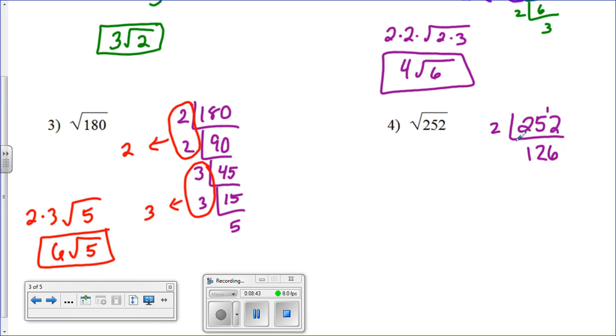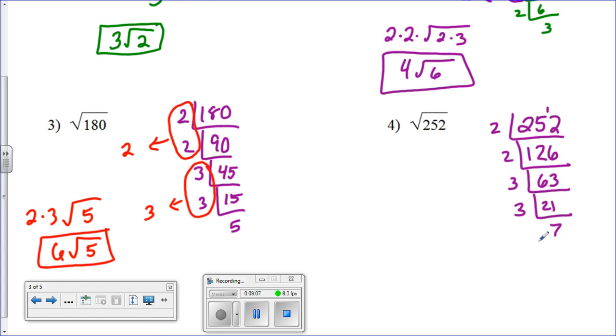So 126, which is even. So 2 goes in there, let's see, 2 goes into 12 6 times, 2 goes into 6 3 times. Alright, 63 is not even, but I'm pretty sure that 3 goes in there. 3 goes into 6 twice, 3 goes into 3 once. 3 goes into 21 7 times, and I am done.